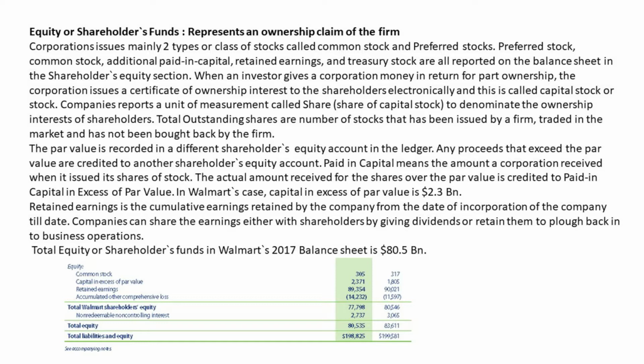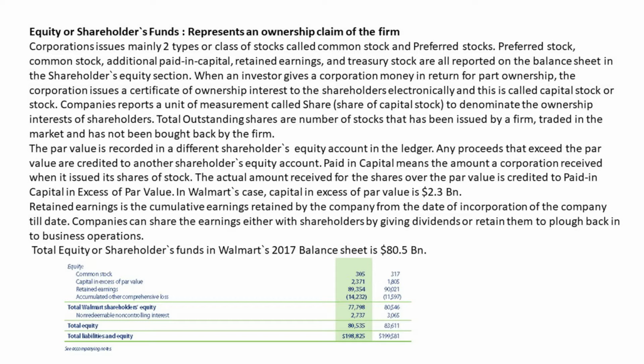So equity or shareholders' funds represent an ownership claim of the firm. This is the portion of the balance sheet where there is an ownership claim over the firm. For example, if we had bought shares of Walmart, it really indicates that we own a certain percentage of the firm. The certificate of ownership used to be given initially.